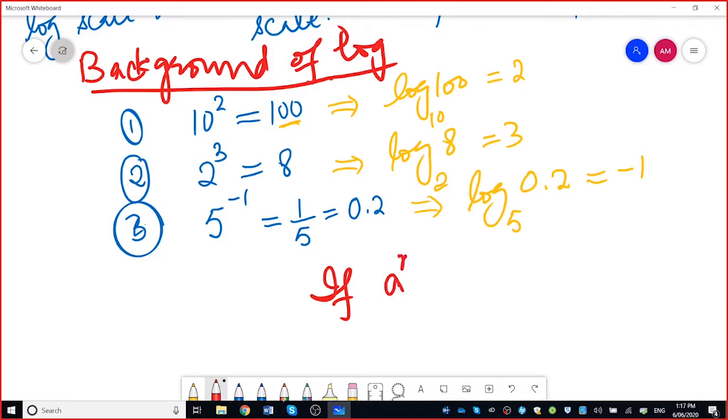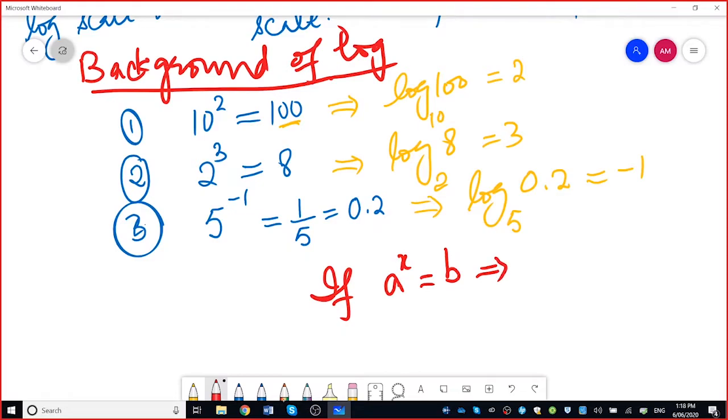If a raised to the power x is equal to b, compare it with the three examples shown above. In the first example, what is a? 10. Good. In the second example, 2. Good. And what is x in the third example? -1. Good.